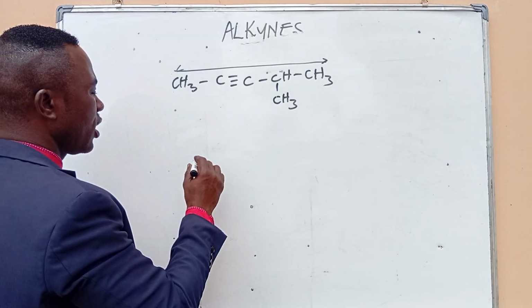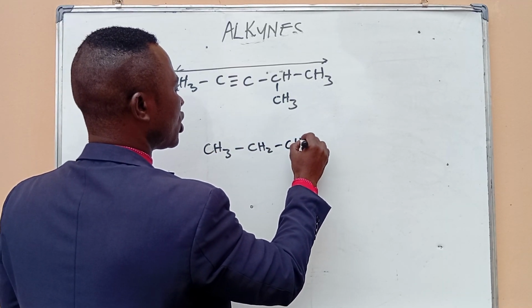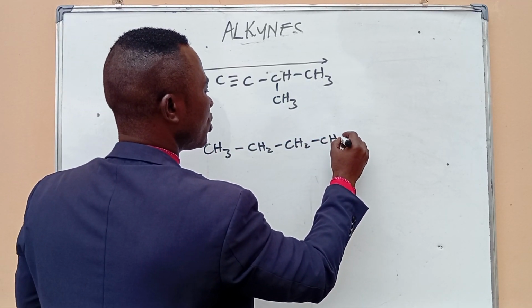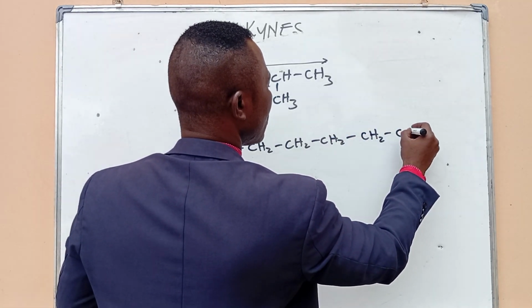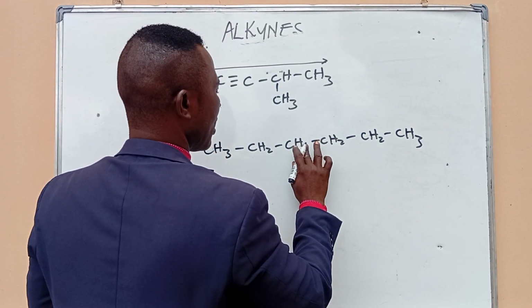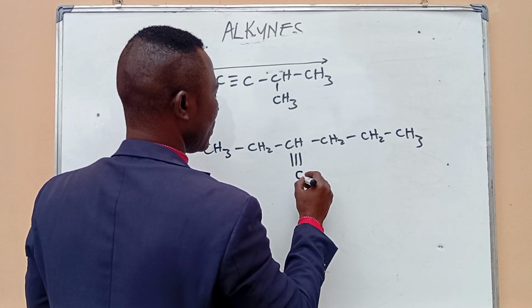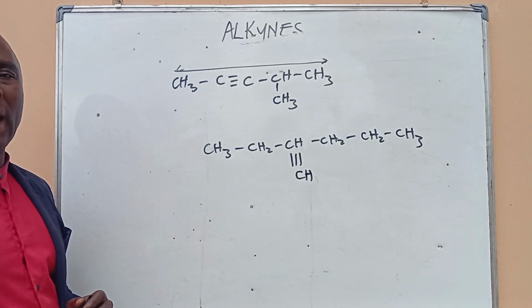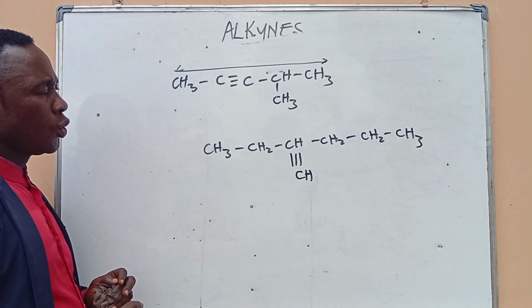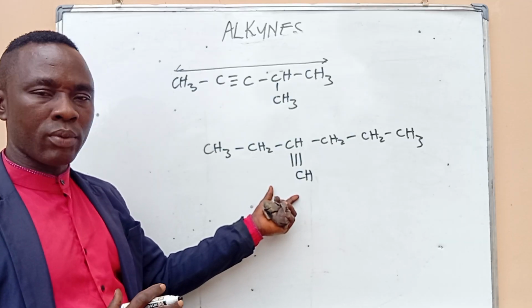If we have CH3, CH2, CH2, CH2, CH2, CH3, and here you have 1, 2, 3, that is CH, you identify the longest carbon chain that bears the triple bond.